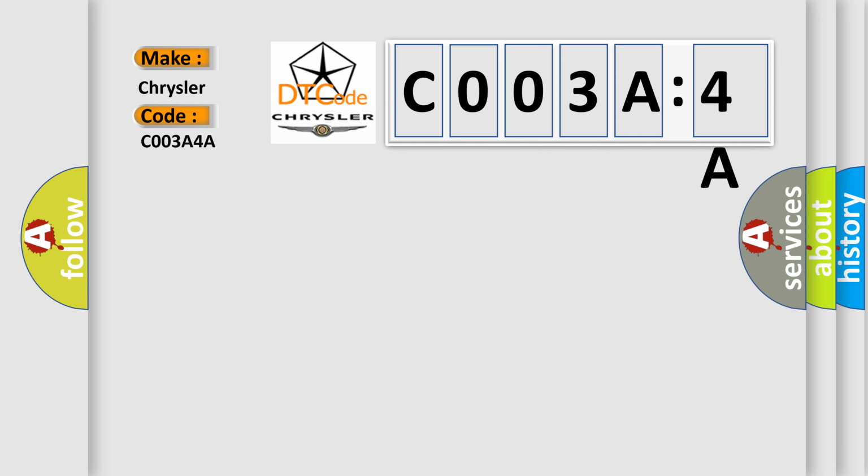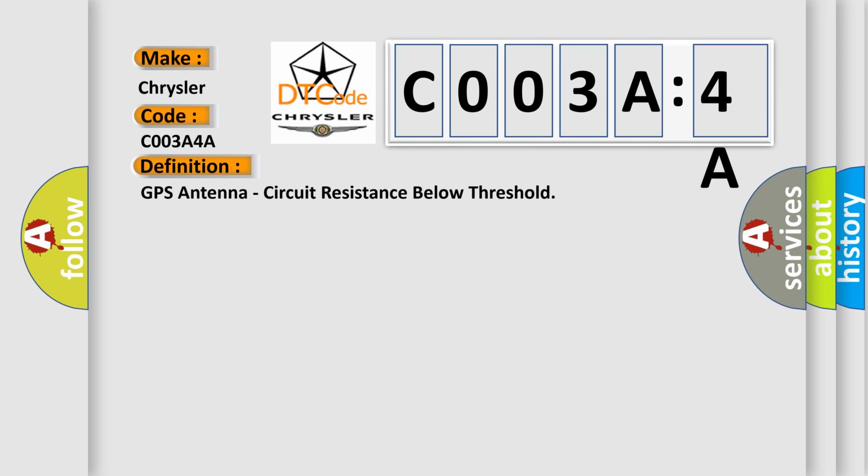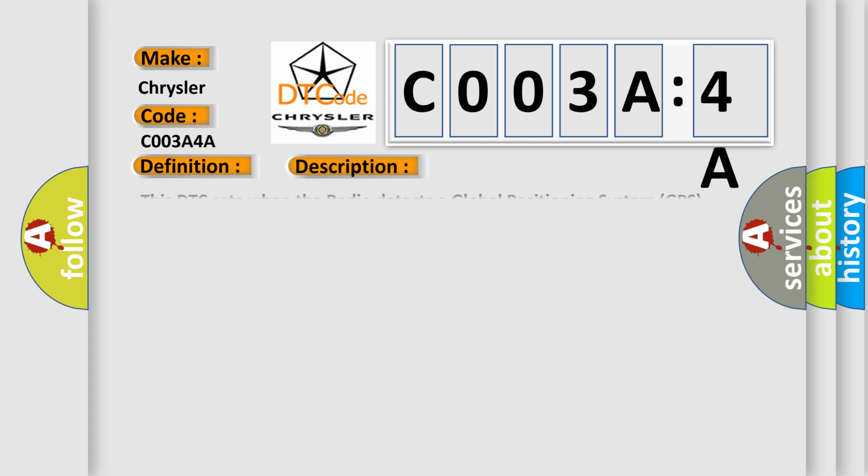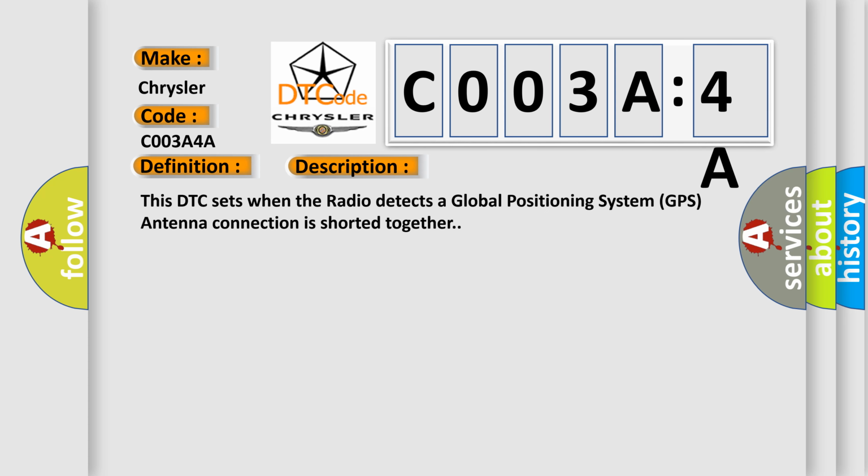The basic definition is GPS antenna, circuit resistance below threshold. And now this is a short description of this DTC code. This DTC sets when the radio detects a global positioning system GPS antenna connection is shorted together.